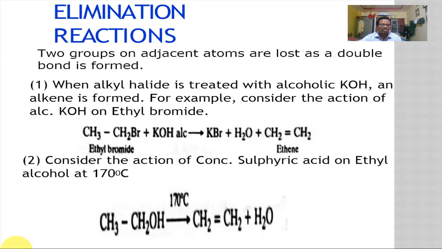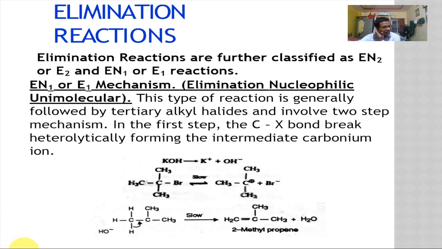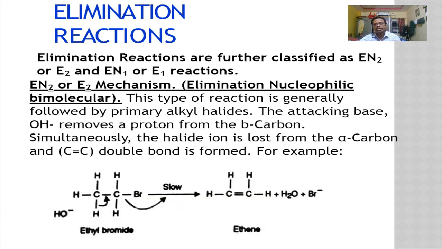So elimination is nothing but the removal of two molecules from adjacent carbons or adjacent atoms, forming alkenes or double bonds. These are E1 and E2. E1 involves only one molecule, unimolecular, and E2 involves the primary carbon.